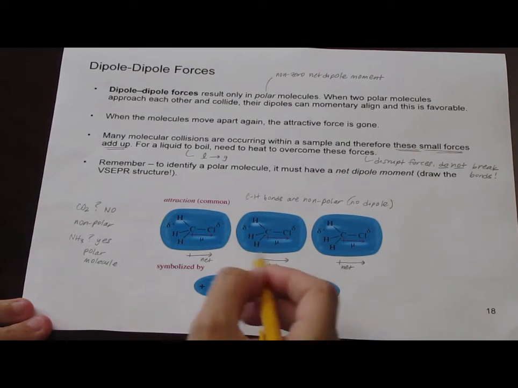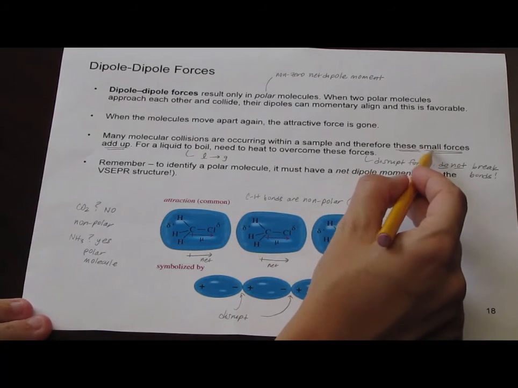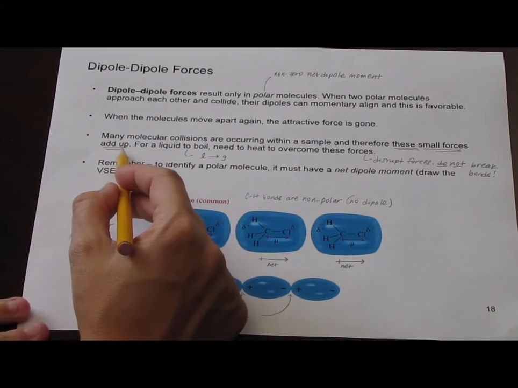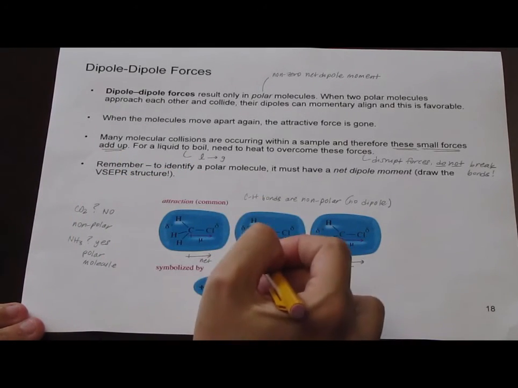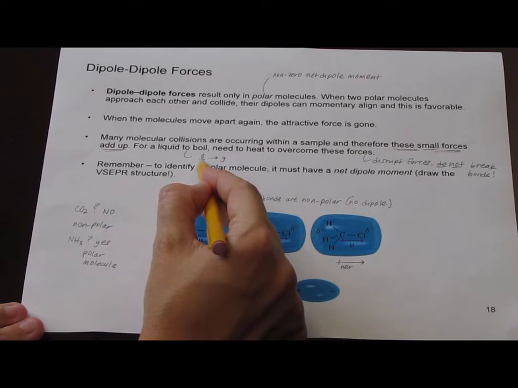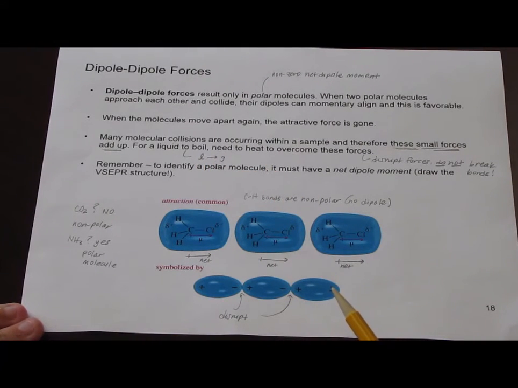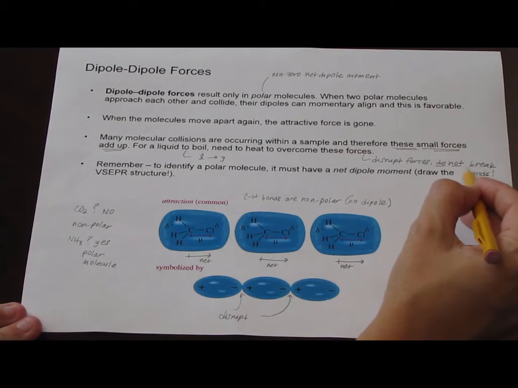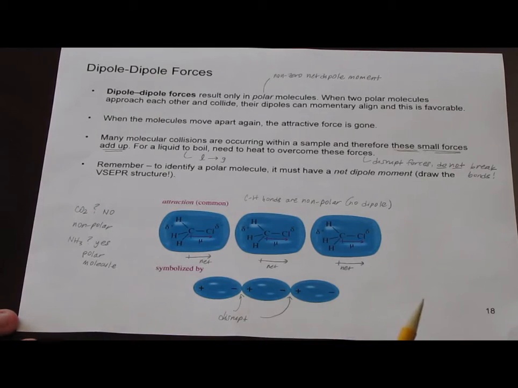These are attractive forces and this is favorable, and even though they're small forces, they add up over the sample. If you want to boil this, converting liquid to gas, you need to disrupt these forces between the molecules. It's important to know you're not breaking bonds, but disrupting these forces to be able to boil.